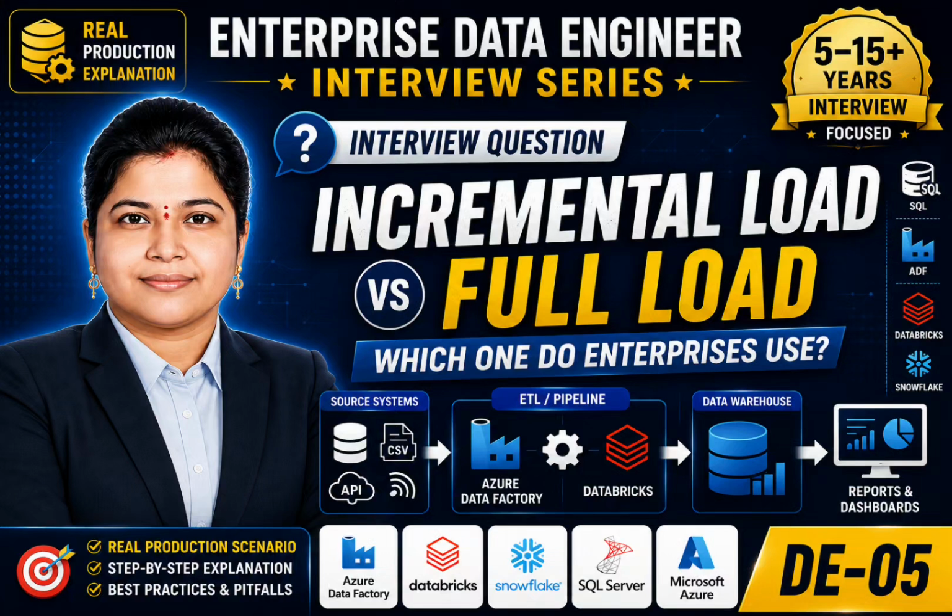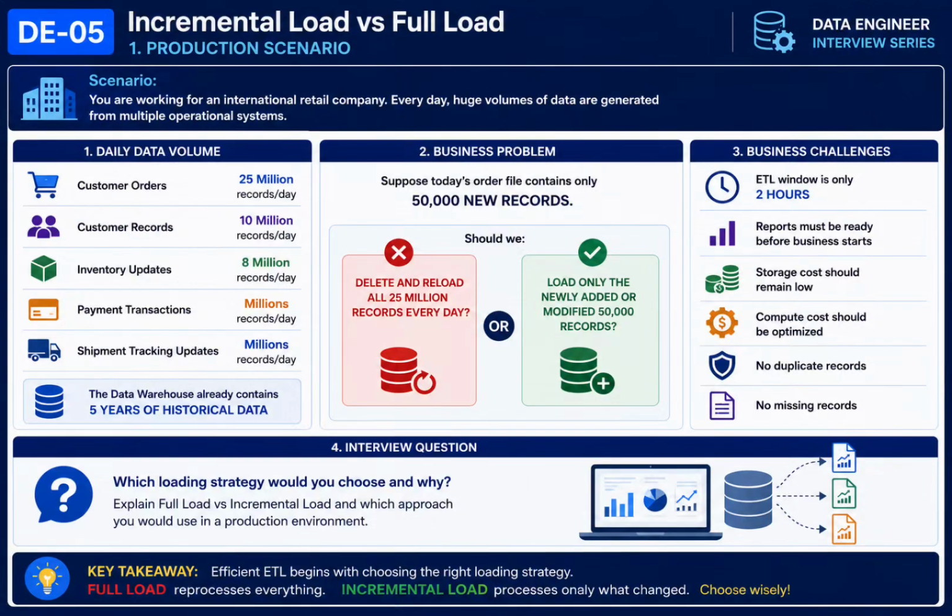Let's understand this using a real enterprise scenario. Imagine I'm working for a global retail company like Amazon or Walmart. Every day, millions of customer orders, payment transactions, inventory updates, and shipment details are generated.